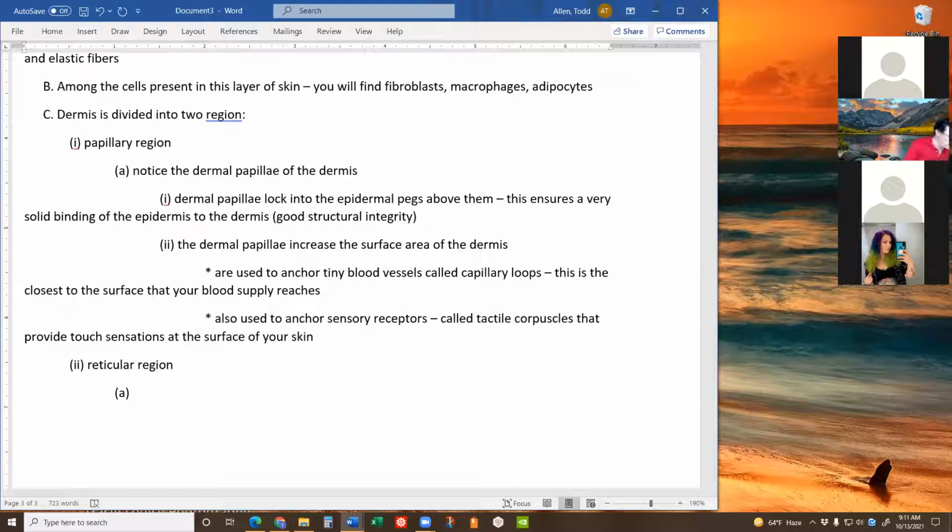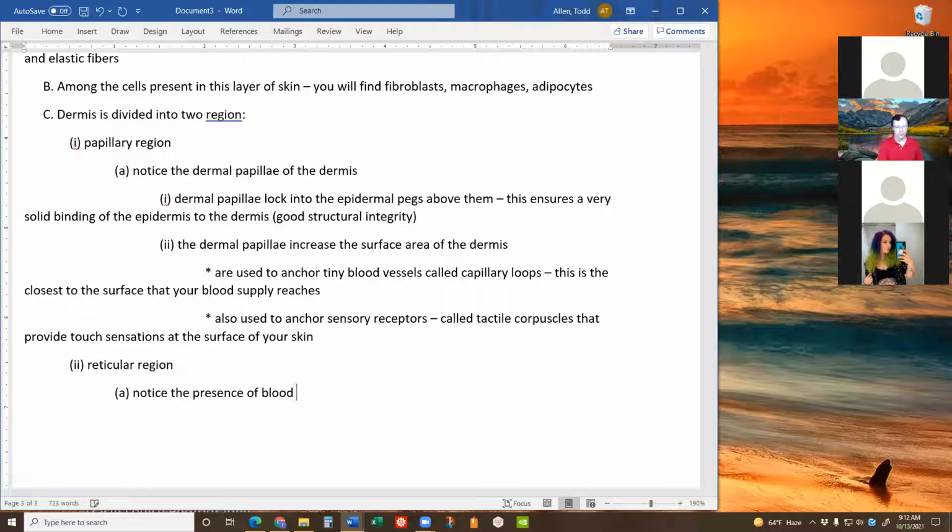You're also going to find things like hair follicles. If you look along the left side of figure 5.1, you notice a giant hair follicle there, where at its deepest part, it is embedded in the reticular region. You're going to find your oil and sweat glands in there. So lots of these relatively large pieces of anatomy of the skin are anchored in the reticular layer of the skin.